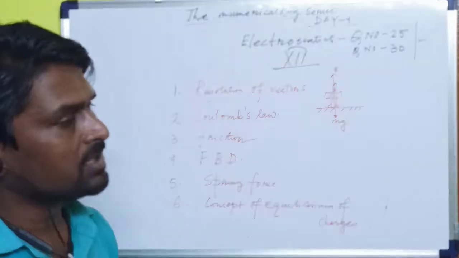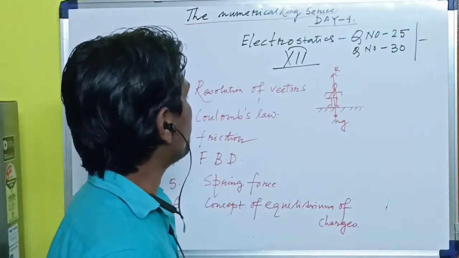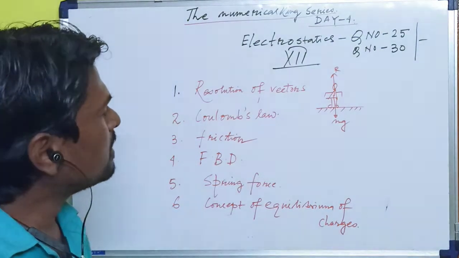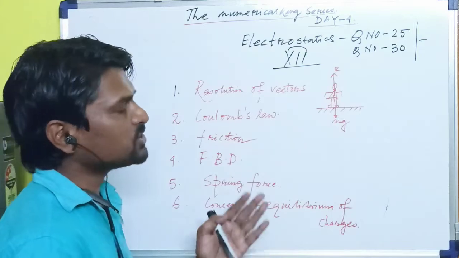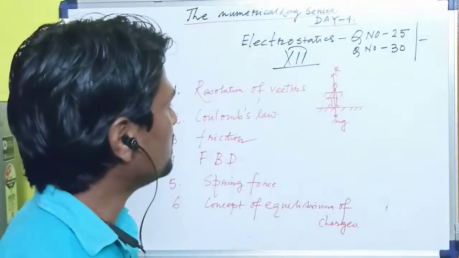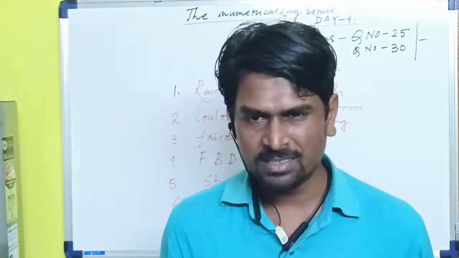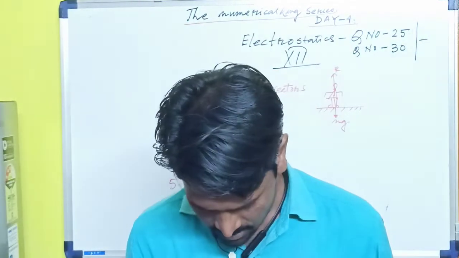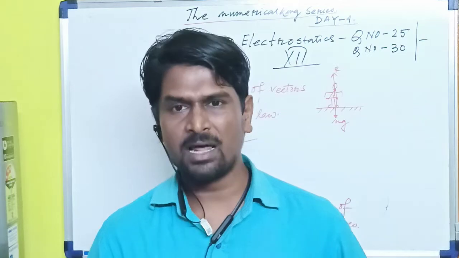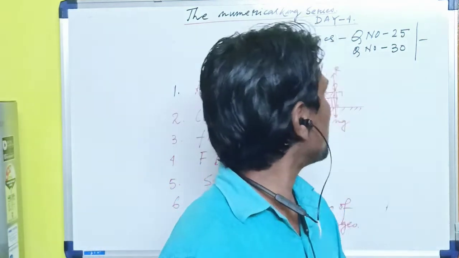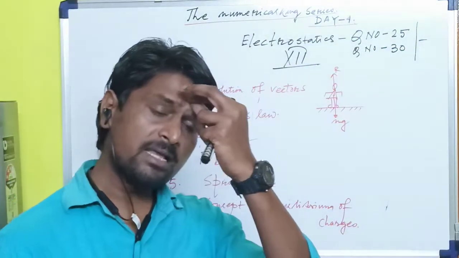The boy is in static equilibrium, so there is no component of force; only these two forces act. If I stand like that, mg acts downward and the reaction force acts in the upward direction.